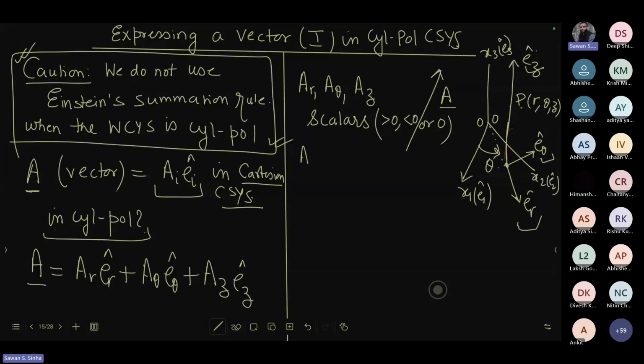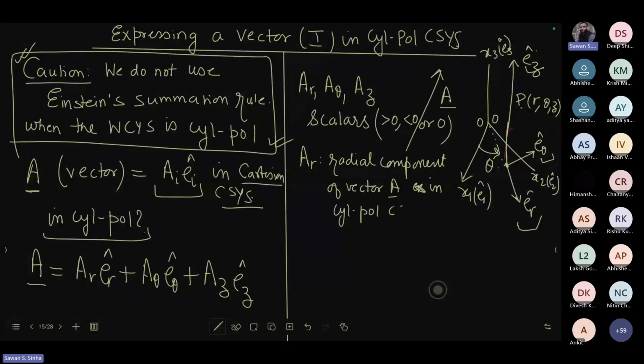There are specific names for these components. In APL 100, we talked about this. AR is called the radial component of vector A expressed in cylindrical polar coordinate system.